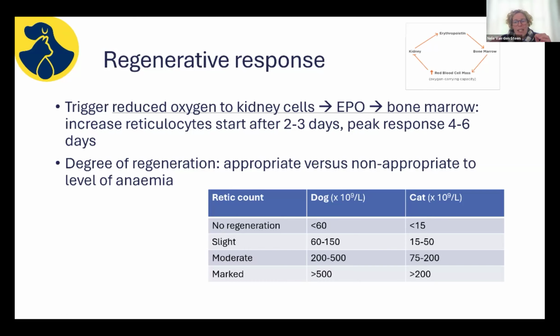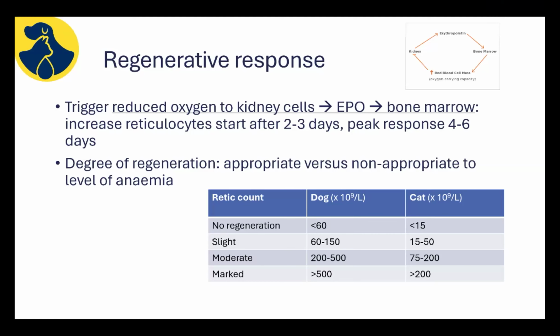Now, with an increased demand, your reticulocytes will be increased in your blood, but that will take a few days before it's going to be visible. So you will have what we call a pre-regenerative phase, which is a couple of days, up to 5 days, before you start seeing a reticulocyte count. Your peak response, on average, will be 4 to 6 days after an acute anemia significantly develops.